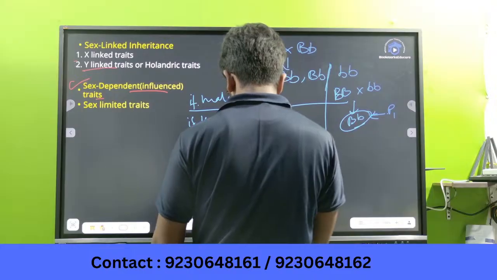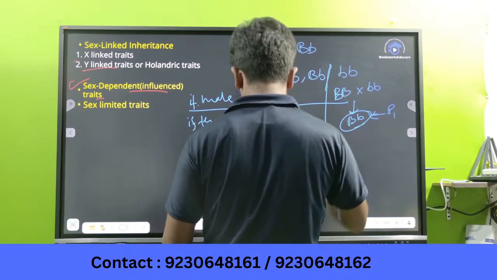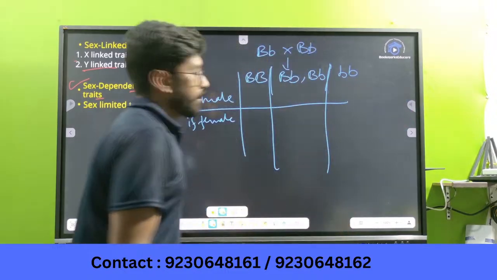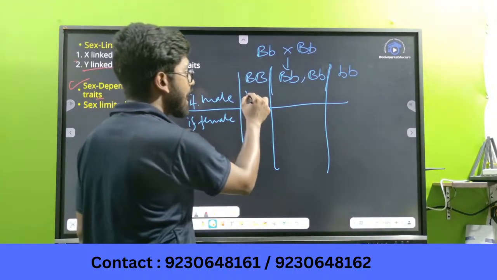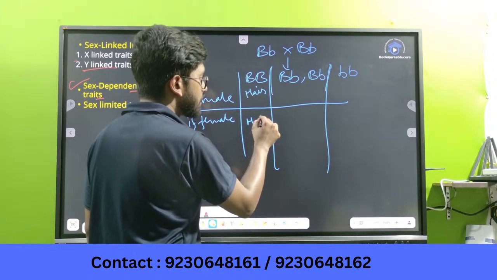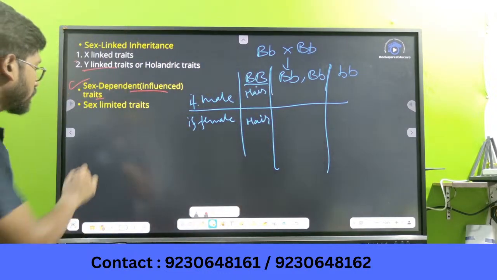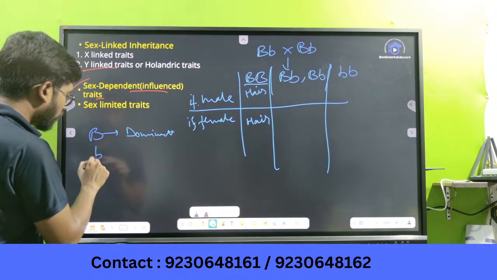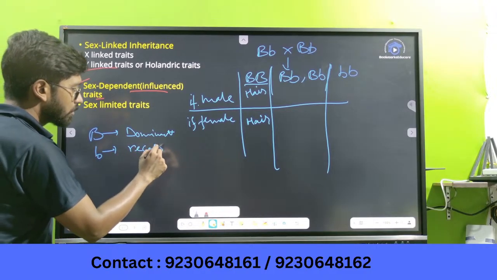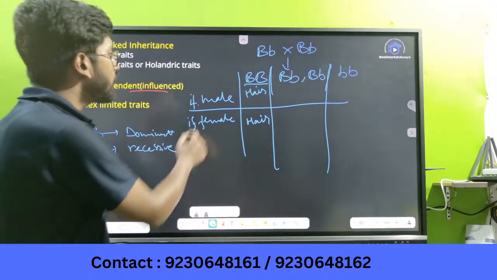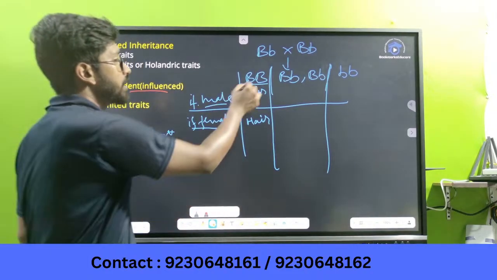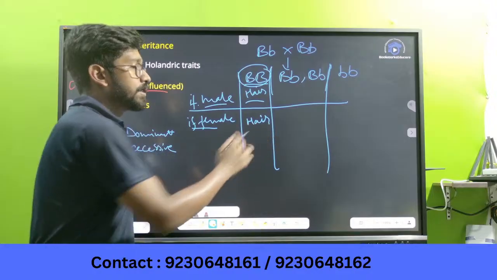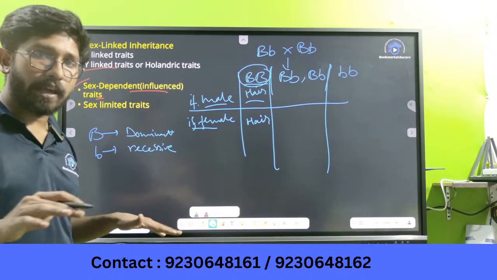The characteristics will remain the same. What happens? Okay, let's see. In both cases they will have hair, because this B characteristic is dominant. Let me write B dominant and small b recessive. Okay, now if in both male and female our genetic characteristic, as in genotype, is capital B, then they both will have a sufficient amount of hair, as in they will not have male pattern baldness.